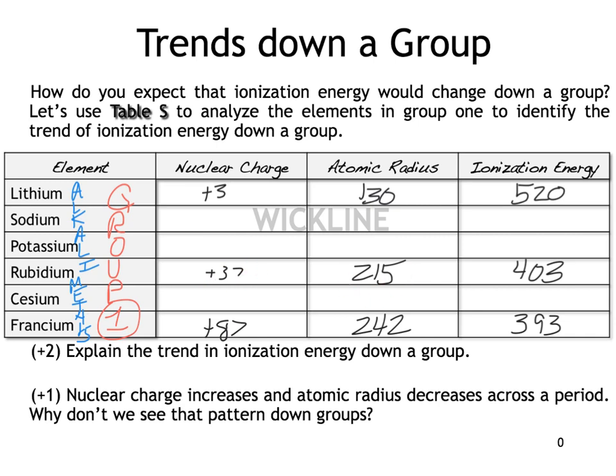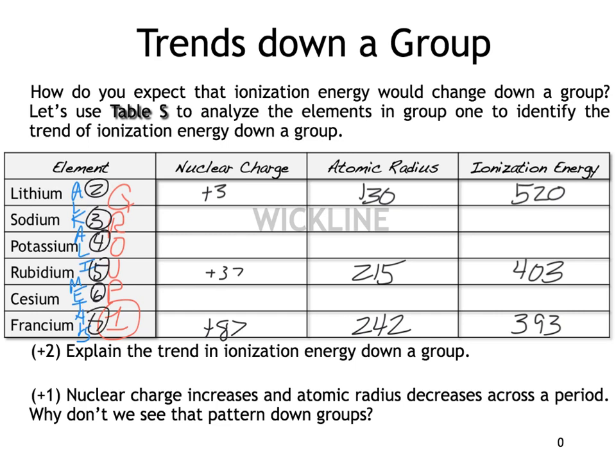The reason, in short, is that rubidium has several more orbitals than lithium has. Lithium only has 2 orbitals, sodium will have 3, potassium has 4 orbitals, rubidium has 5, cesium has 6, and francium has 7 orbitals.